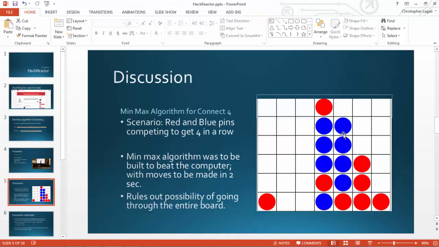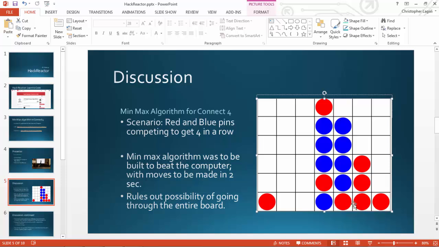The min-max algorithm is a scenario where you're playing against a computer. The computer puts a red dot, and then you have to counter it with a blue dot. The idea is to get four dots in a row, and that's how you win the game.